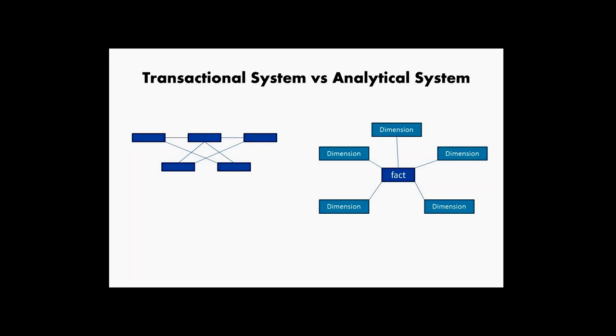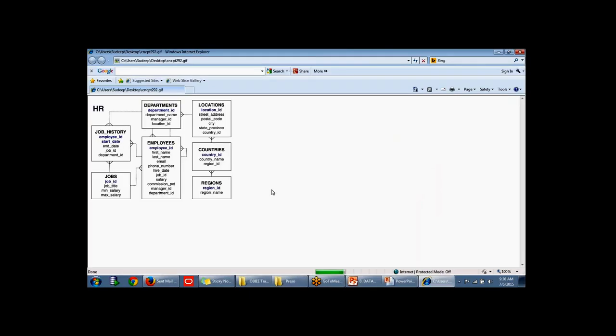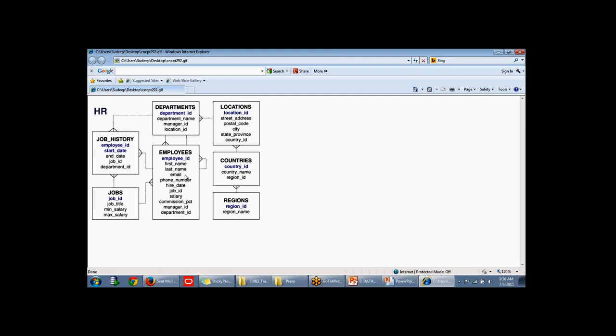Like customer details. I'll show this as an example here. If it is an employee's data, what they will do in an OLTP system is maintain data in a separate table for each and everything. If it is employee data, then details like employee ID, first name, last name are present here.